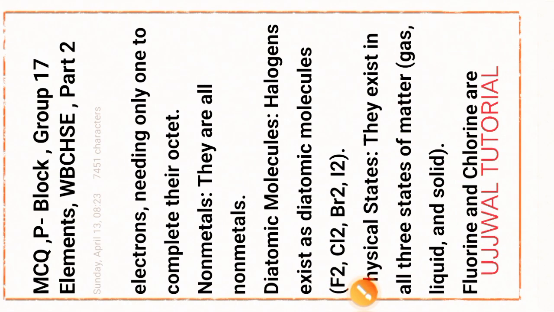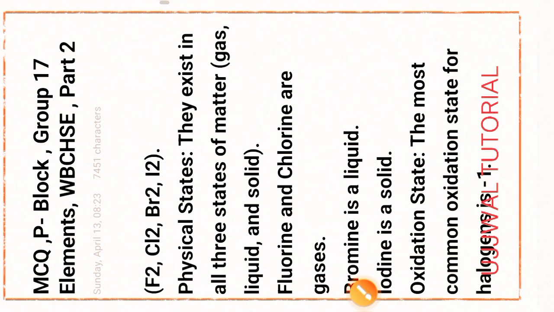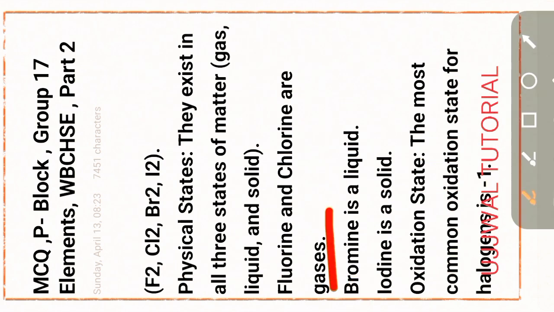Fluorine, chlorine, bromine and iodine are diatomic molecules. Physically, they show three states: solid, liquid and gaseous. Fluorine and chlorine are gases, bromine is a liquid, and iodine is a solid. Most elements in group 17 show oxidation state -1.